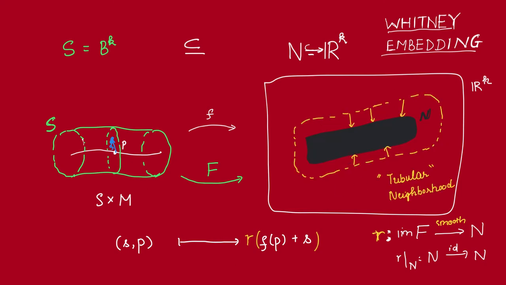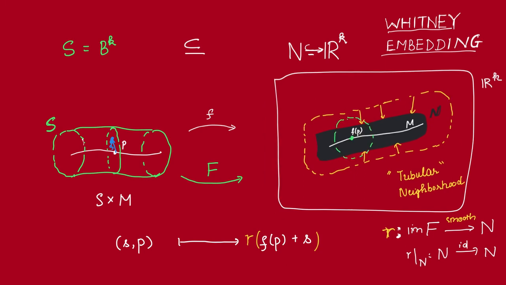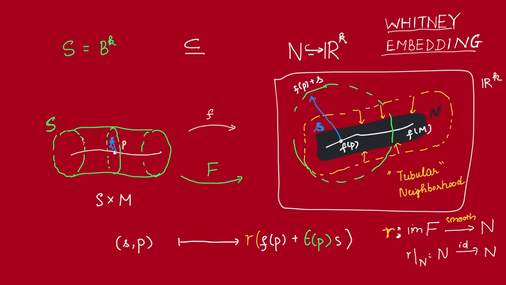The good news is that there will always exist a so-called tubular neighborhood of N inside R^k which retracts to N. So what we can do is modify our family F a little bit so that its image is going to lie inside this tubular neighborhood. The way we'll do that is by changing the radius of each of these disks centered at each of these f(p). f(p) plus s might be a bit too big. It might take us outside of the tubular neighborhood.